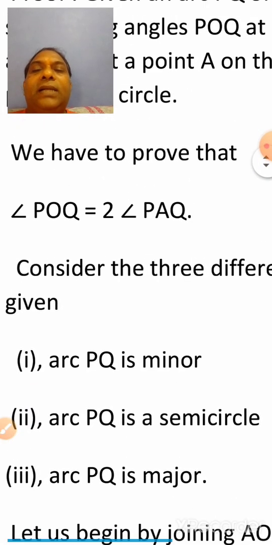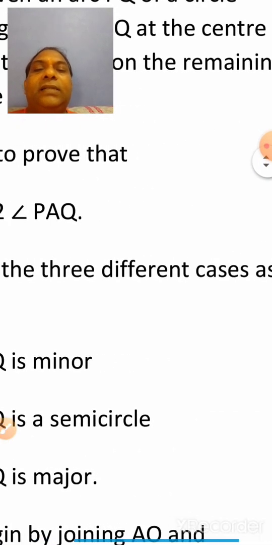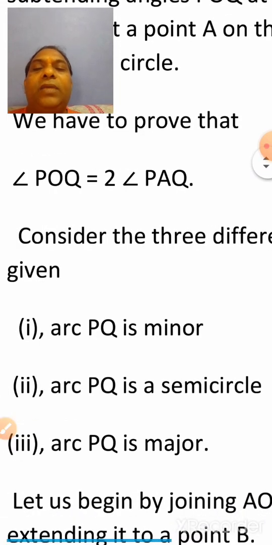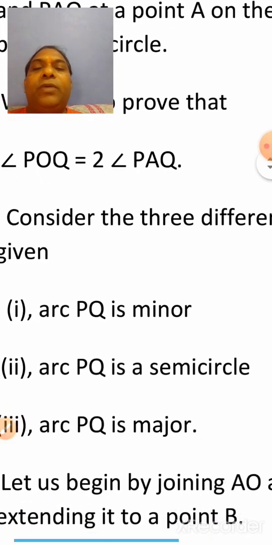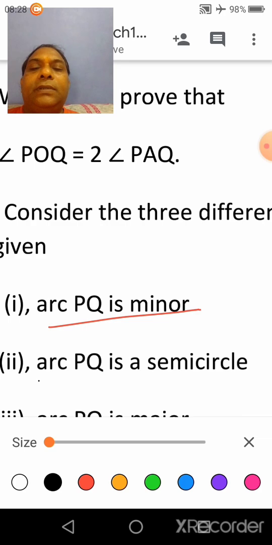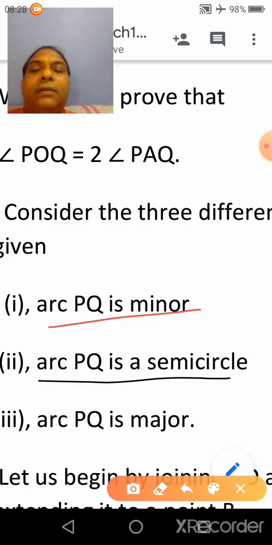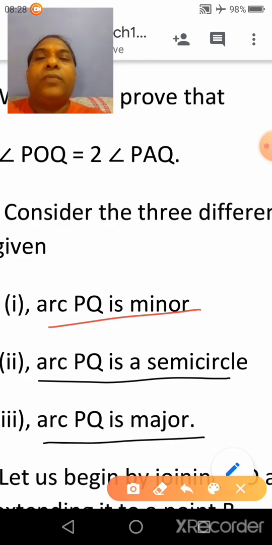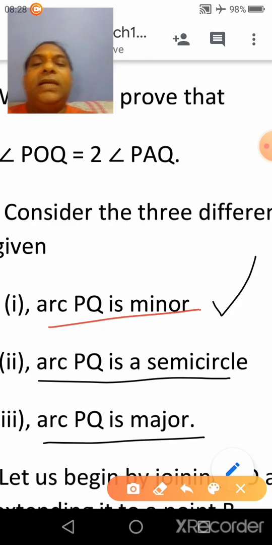There are three conditions. Consider the three different cases. Arc PQ is minor, arc PQ is a semicircle, and arc PQ is major. Clear? So the first figure represents arc PQ is minor, the second figure arc PQ is a semicircle, and the third figure arc PQ is major.